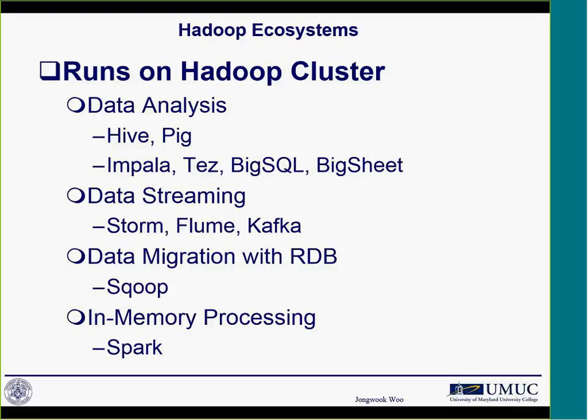Also for data streaming, that is to collect real-time data and to analyze it and store it, there is Storm and Kafka. And also to exchange data with the traditional relational database, there is Sqoop. And also for in-memory processing, there is Spark, which has been replacing MapReduce.